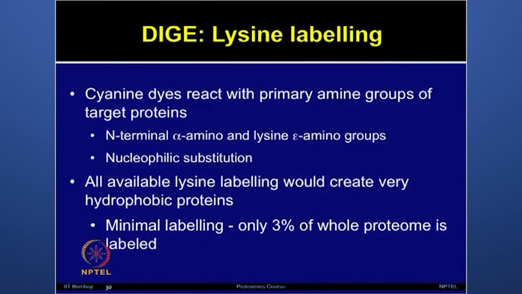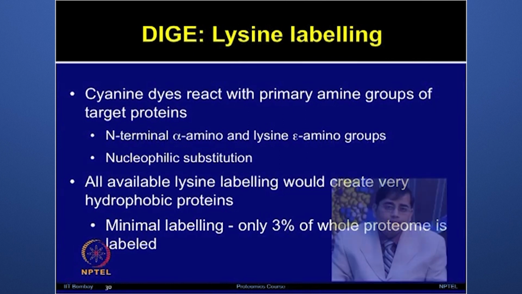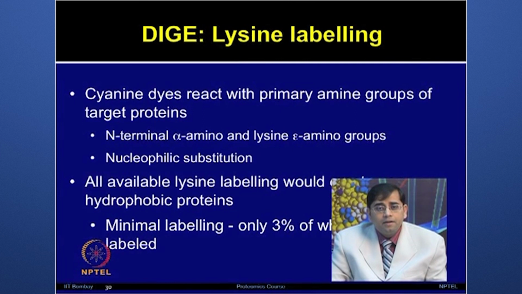So, Cy dyes react with the primary amino group of target proteins, the N-terminal alpha amino group and the lysine epsilon amino groups, and they are labeled by the process of nucleophilic substitution. All the available lysine labeling would create a very hydrophobic environment for the proteins.